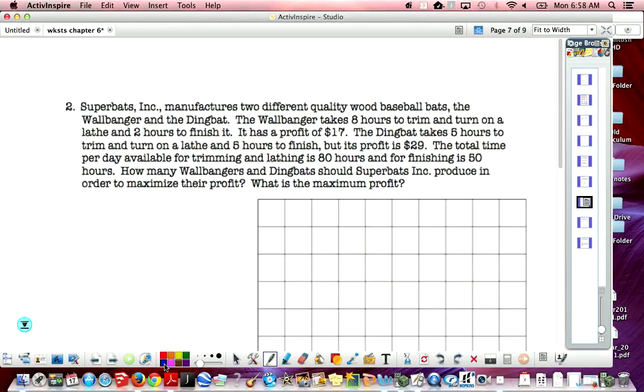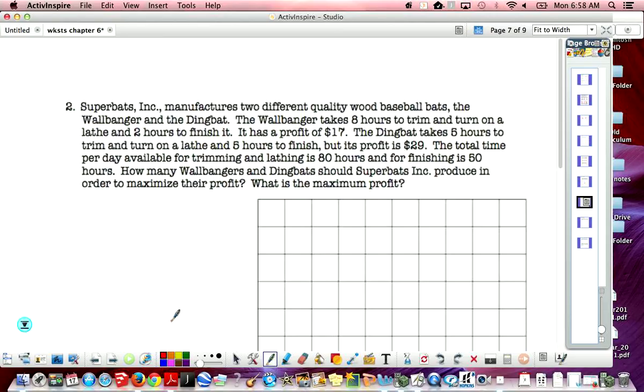The dingbat takes 5 hours to trim and turn on a lathe and 5 hours to finish, but its profit is $29. The total time per day available for trimming and lathing is 80 hours and for finishing is 50 hours. How many wall bangers and dingbats should Super Bats Inc. produce in order to maximize their profits? What is the maximum profit?